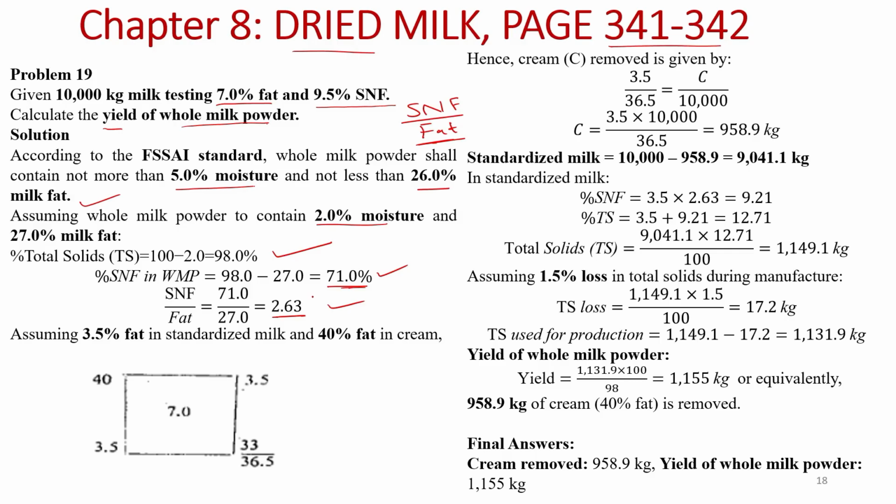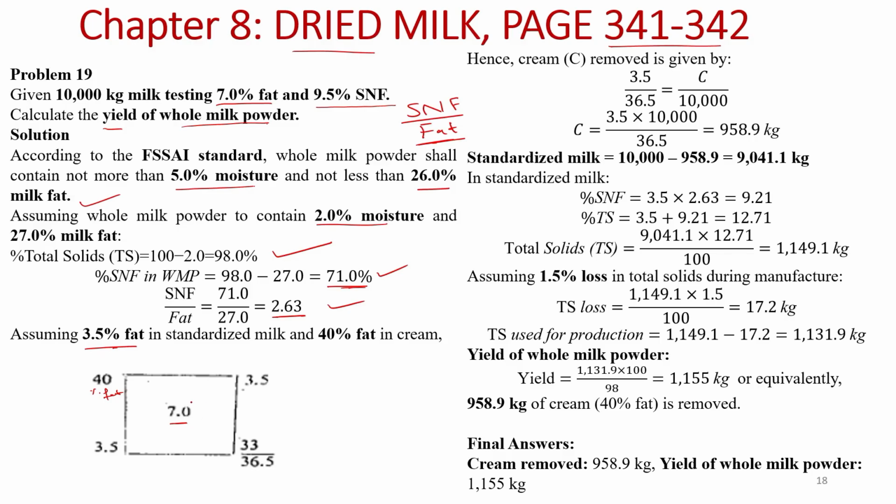So first we have to calculate how much cream is to be removed to have the fat percentage in standardized milk as 3.5%. We will do that by the Pearson square method. So we are given 40% fat cream, and 3.5% fat in standardized milk.